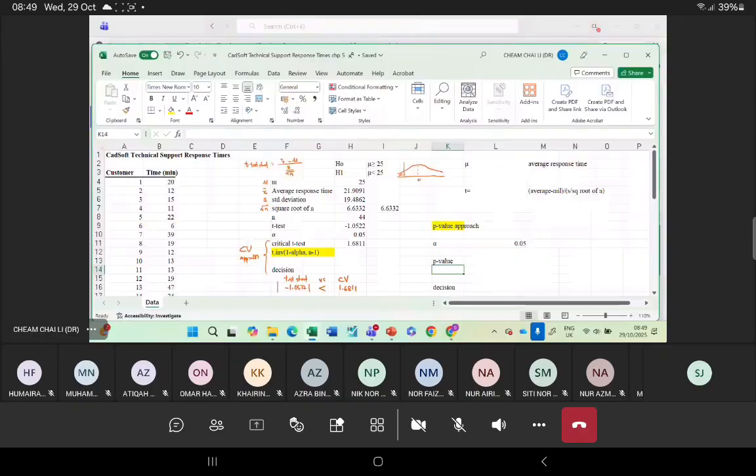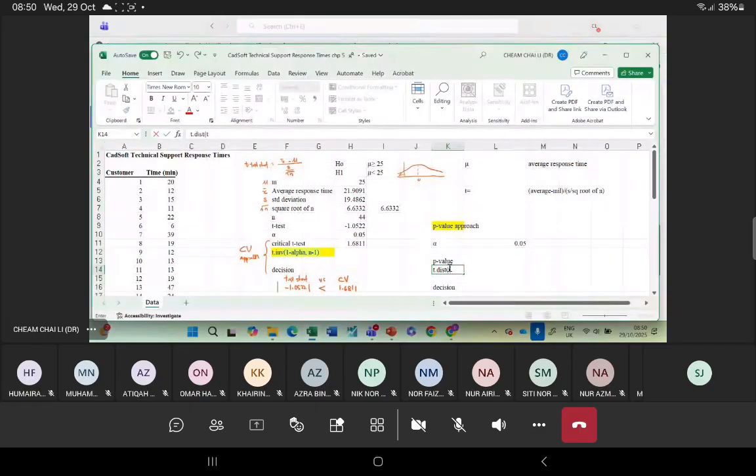If you have a one-tail test and the tail is to the left of the test statistic, kalau tail dia punya tail adalah on the left-hand side, then you should use this formula. You use this function, yeah. So you type T.DIST open bracket t, degree of freedom n minus 1, and yang ni dia punya rule, you kena tulis macam, right?